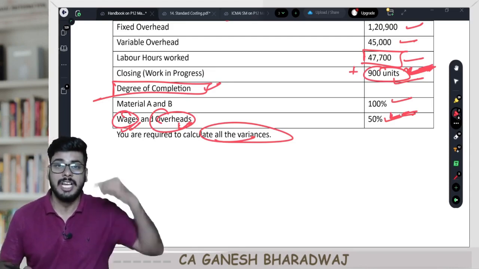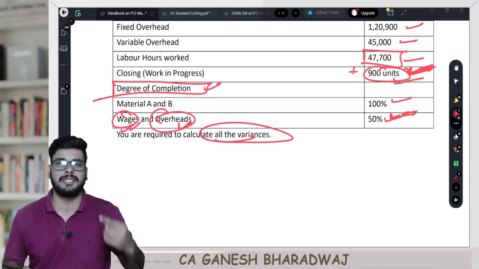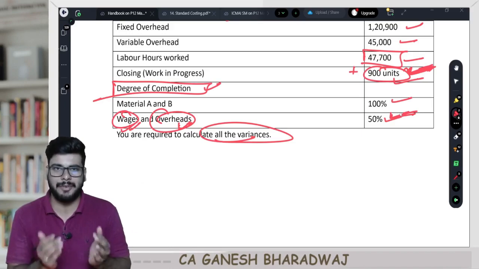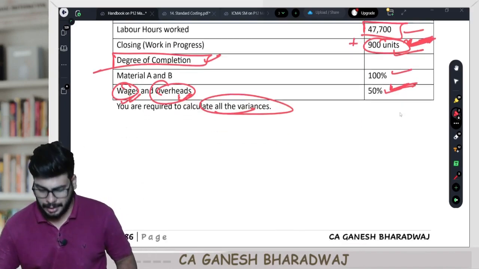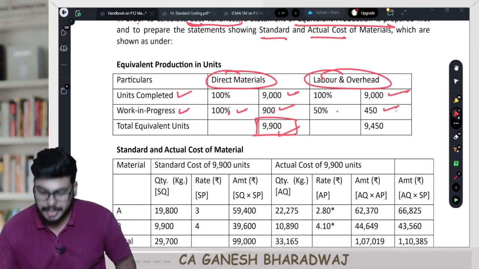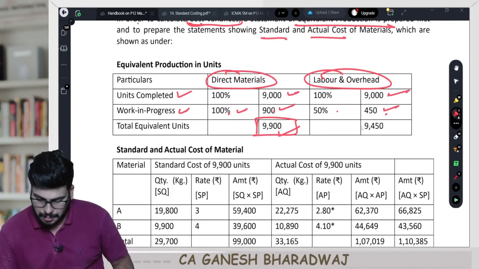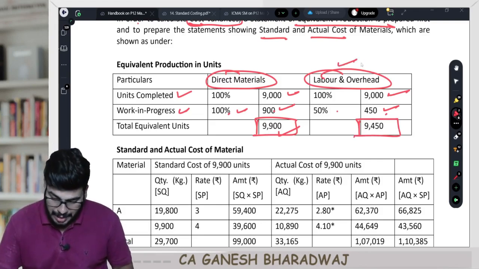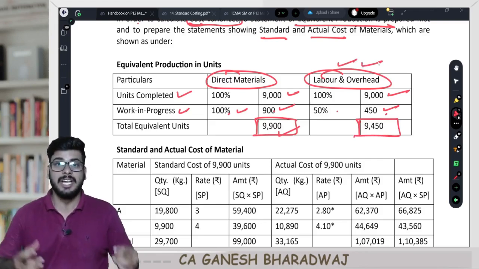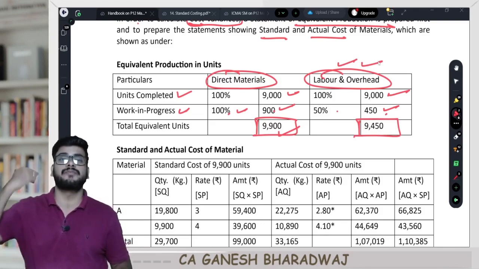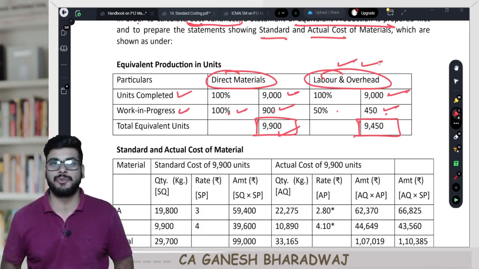Or in other words, 900 units, 50% complete, is equivalent to 450 units. That is half of it. 450 units fully complete. Correct, guys? So 50% of 900 is 450. So 9,000 plus 450, 9,450. So for computing my labor and overhead variances, by consuming my labor cost and overhead cost, 9,450 equivalent units got produced. Are you clear with this?